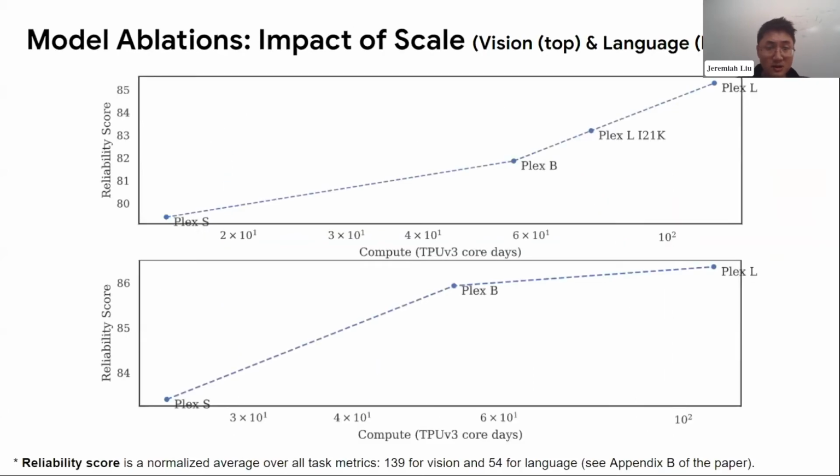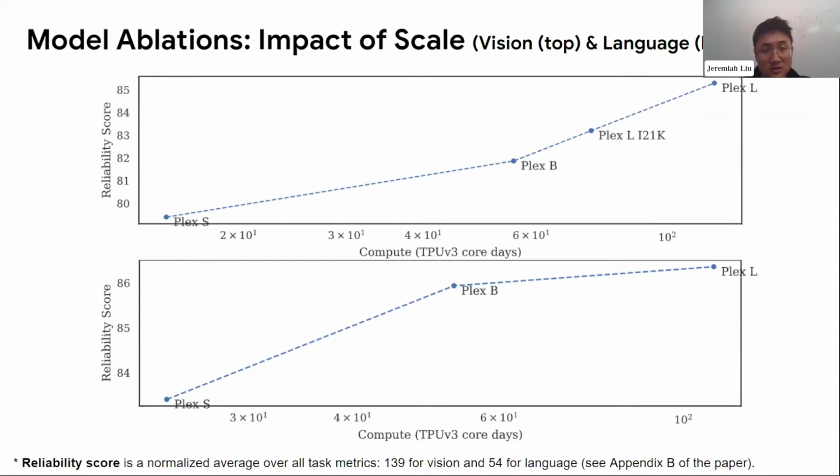Yeah. So after looking at those performance highlights, here are some high-level take-home messages that we observed. The first one is that the general reliability performance of the model scales almost linearly with respect to model size.